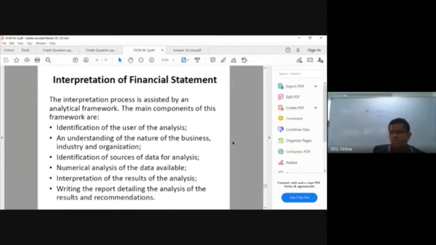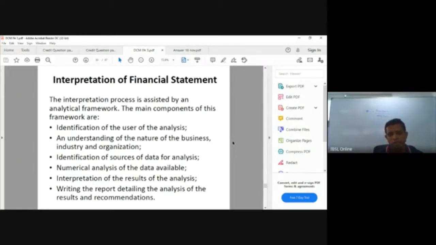Right? How do you interpret the financial statement? First, the interpretation process is assisted by an analytical framework. The main components of the framework are: number one, identification of the use of the analysis.